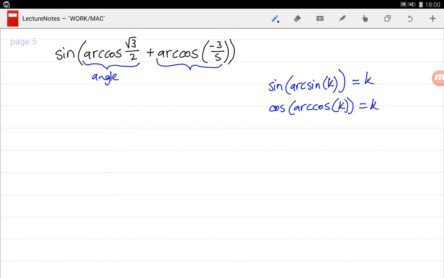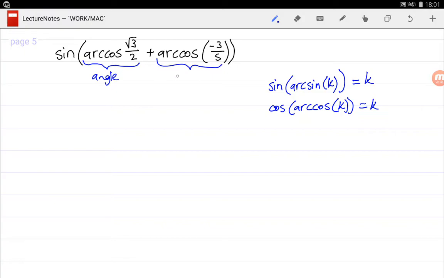So if we find this angle and find that angle, you must also be aware that arc cos of this specific angle can also be expressed as arc sine, and that's how we're going to be answering the question today. And also this arc cos can be expressed as arc sine, such as this arc sine here could be expressed as arc cos, and that one as arc sine. So they can be used interchangeably.